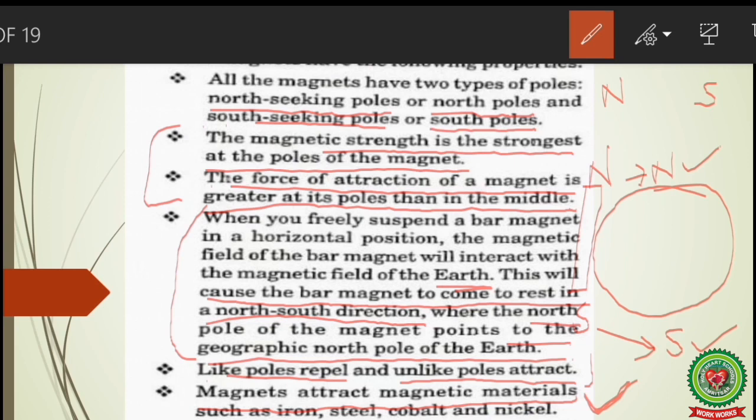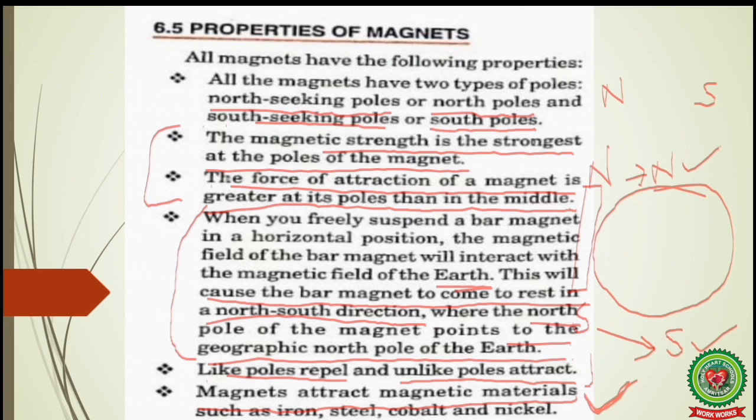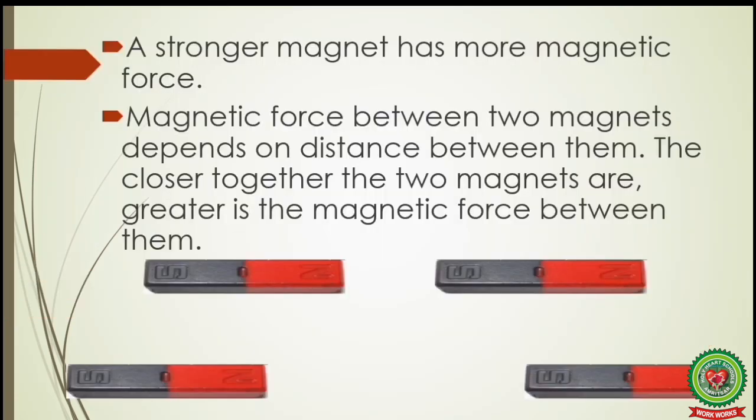Apart from these properties, there are certain other properties also. Let's discuss them. A stronger magnet has more magnetic force. It means the stronger the magnet is, the more will be its attraction or repulsion power. Magnetic force between two magnets depends on the distance between them. The closer together the two magnets are, the greater is the magnetic force between them.